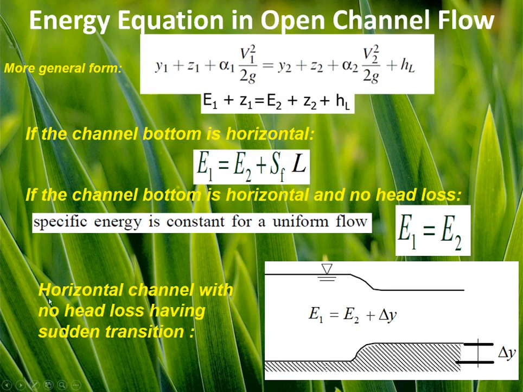But you see here, the problem said that there is no head loss having sudden transition. There is no head loss, no friction losses, no viscosity loss in this sudden transition. Therefore, I don't have a HL. Therefore, I can write E1 equals to E2 plus delta Y. This equation can help me to find, for example, water elevation above the hump.